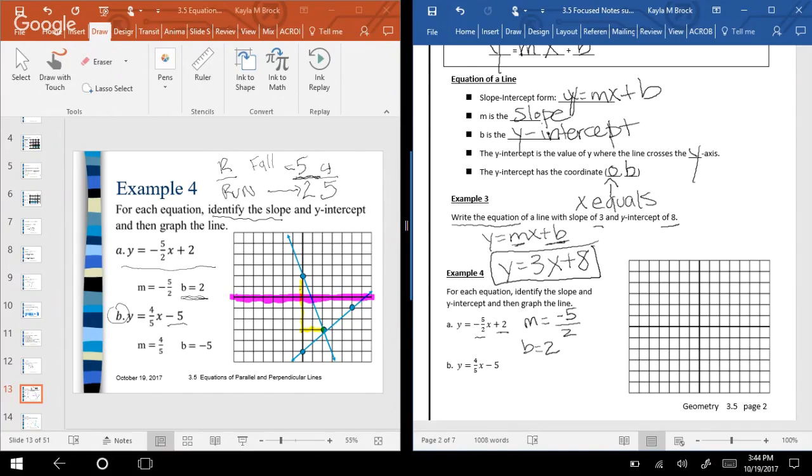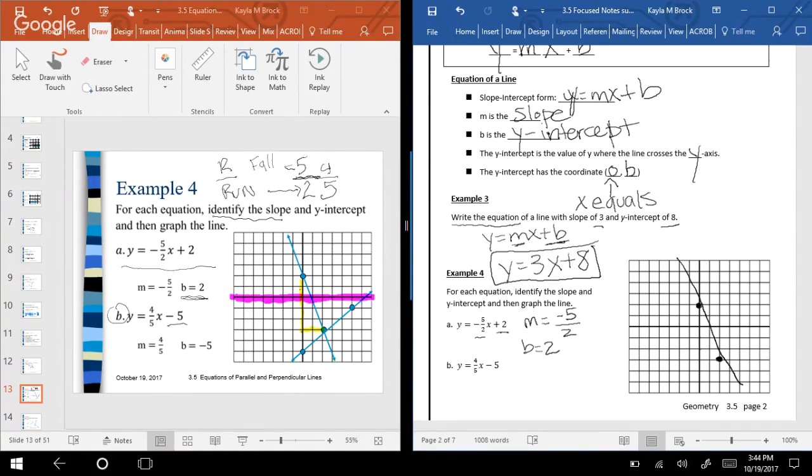Because b equals 2, I'm going to start at the 2. And then the rise and the run is actually a fall and a run. So I'm going to go down 5 stairs, 1, 2, 3, 4, 5, and then I'm going to go over 2 spaces. And I will draw my line.